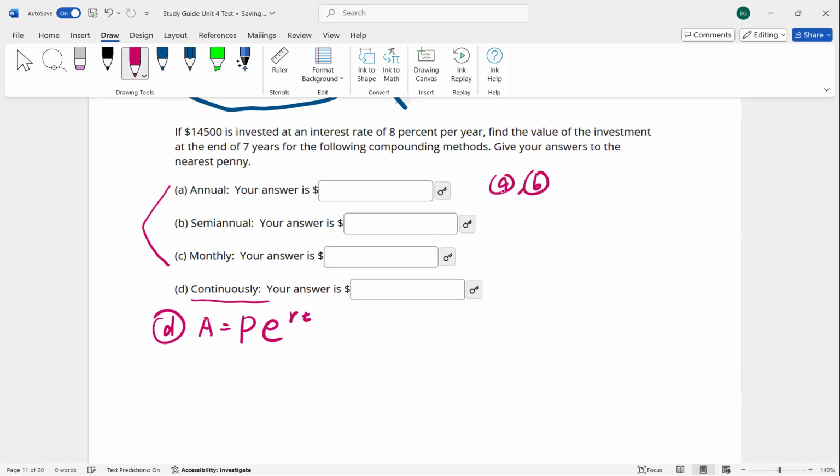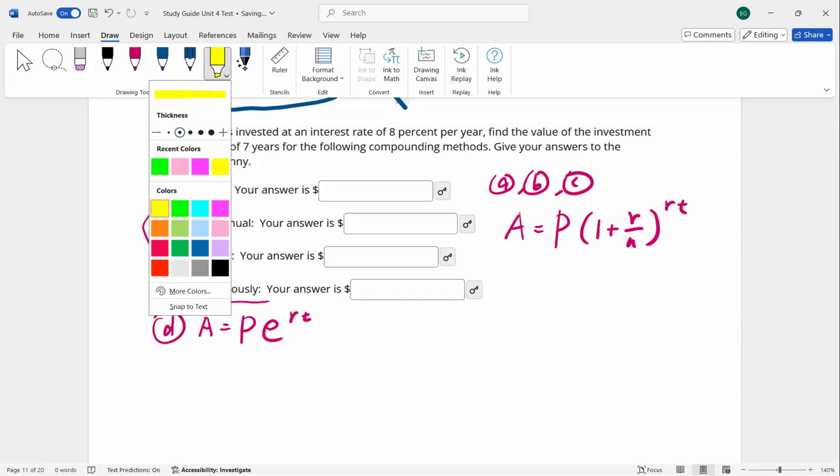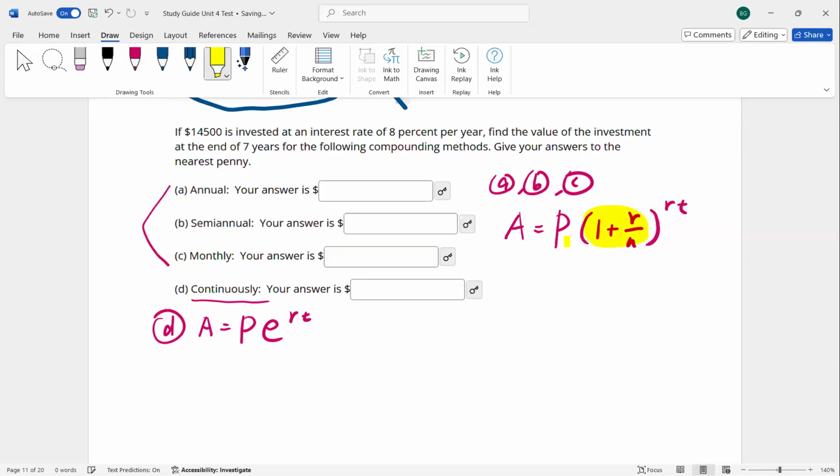The formula is going to be A equals P times (1 plus r over n) to the power nt. And if you want to know something extra, the part in the parentheses is called a compounding factor.